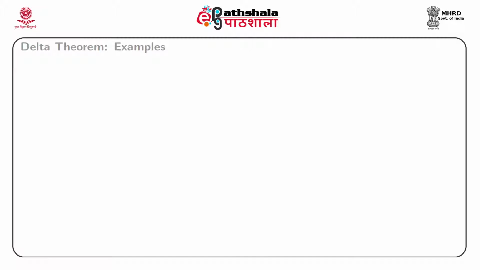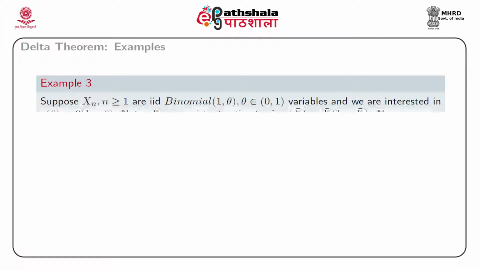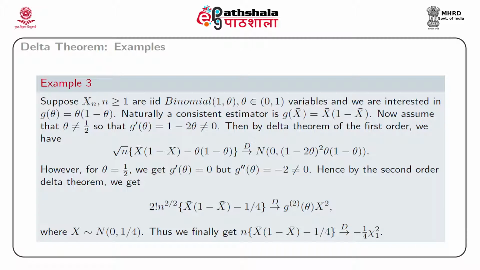Consider our next example, which is on the binomial(1, theta) distribution where theta is the success probability belonging to the open interval (0,1). Suppose we are interested in g(theta) equal to theta multiplied by (1 minus theta), that is the variance of Xn. Naturally, a consistent estimator is g(X bar) equal to X bar multiplied by (1 minus X bar).